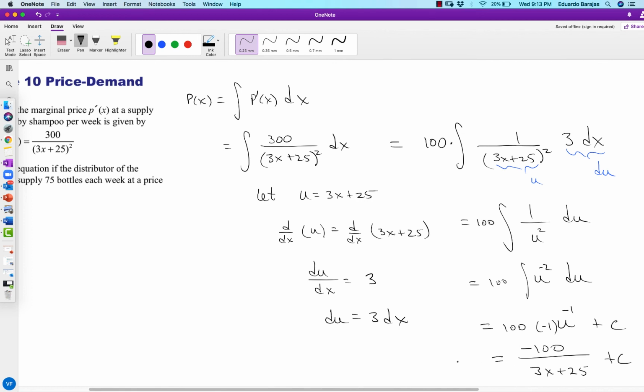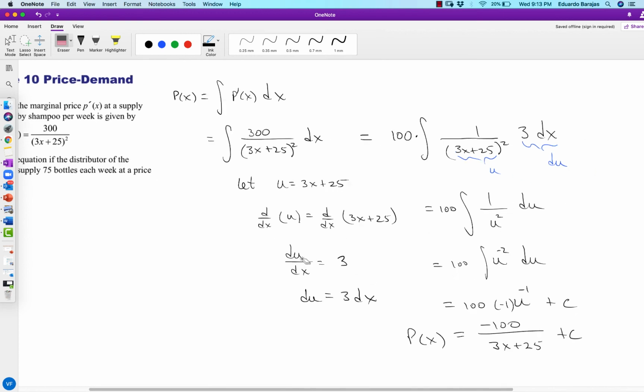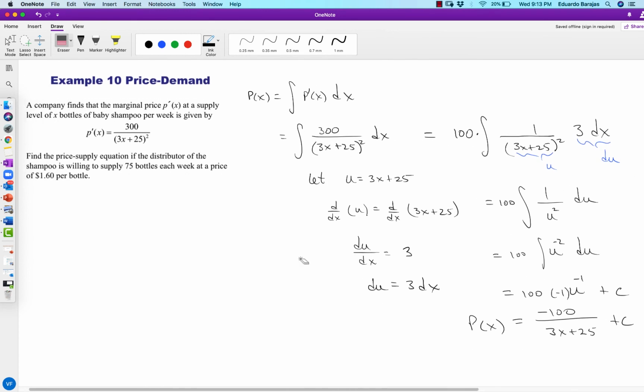Okay, so I kind of have the answer. This is P of x, except I'm not totally done because I don't know the value of c, and they did give me some boundary information to be able to figure out the value of c. It got kind of messy here, so let me isolate this right here. This was a little bit of side work; I probably should have put it on the side.